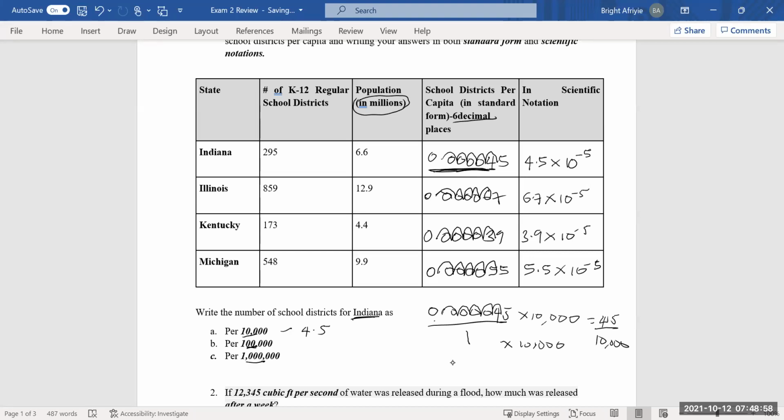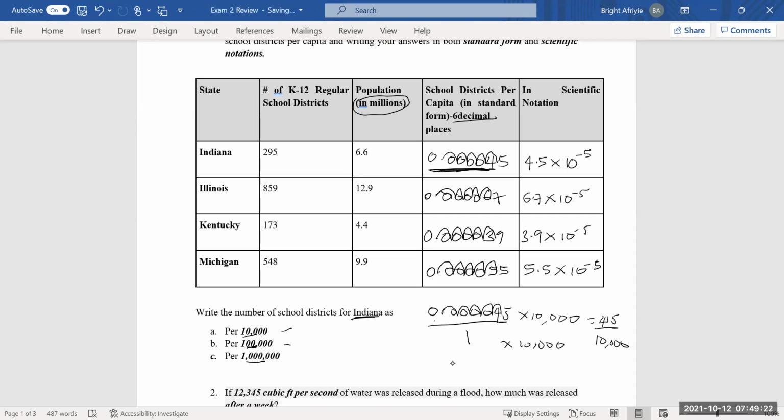So 0.000045 by 100,000. What will you get for that? So by 100,000 is going to give you, sorry, what did I do earlier? I was supposed to do 1, 2, 3, 4. Sorry, so we were supposed to multiply this by 10,000.